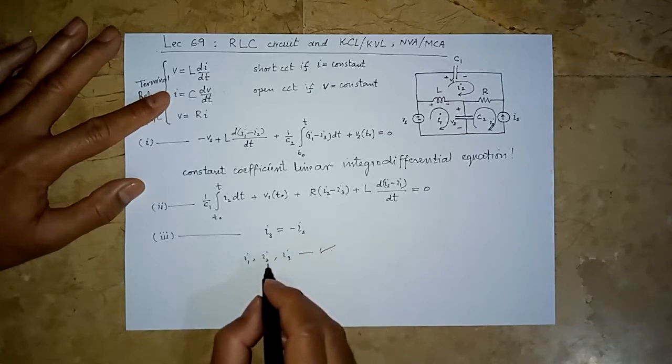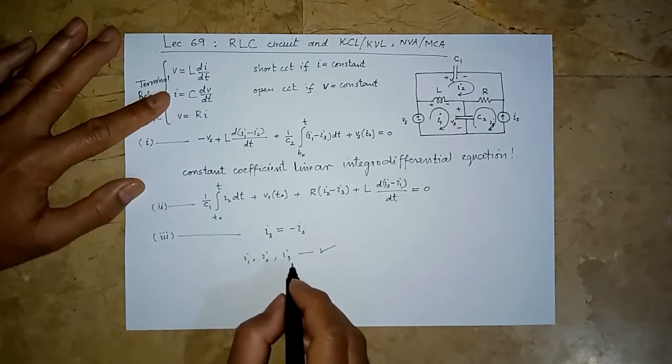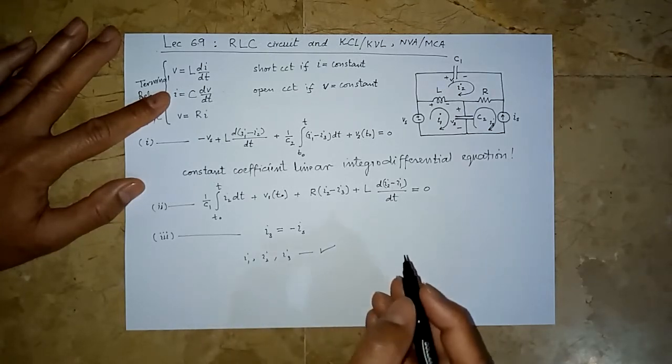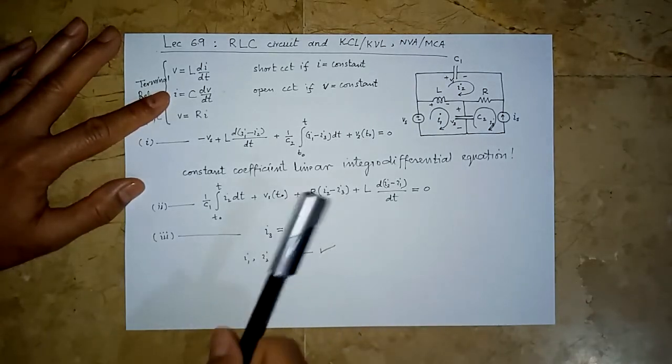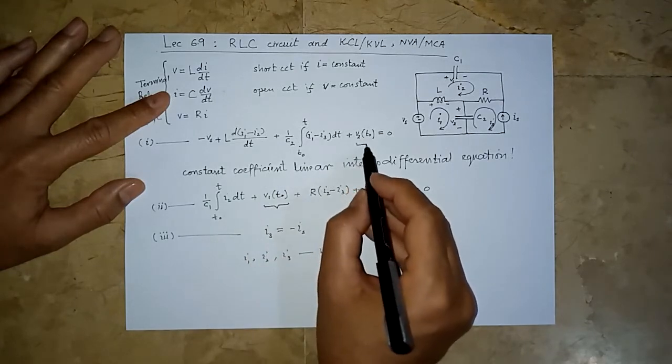And once we know the expressions for I1, I2, and I3, because they are going to be functions of time, we can find whatever we want to find for this circuit.